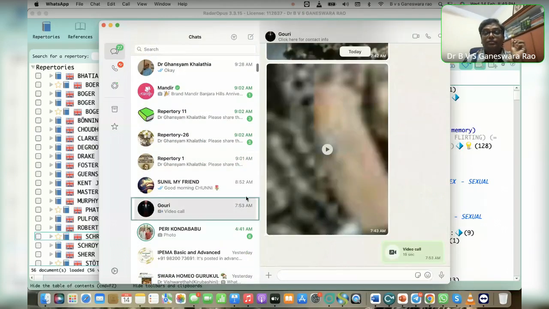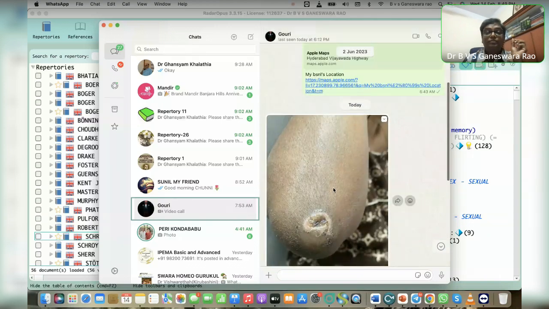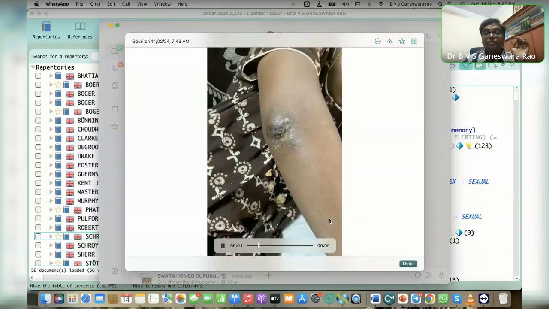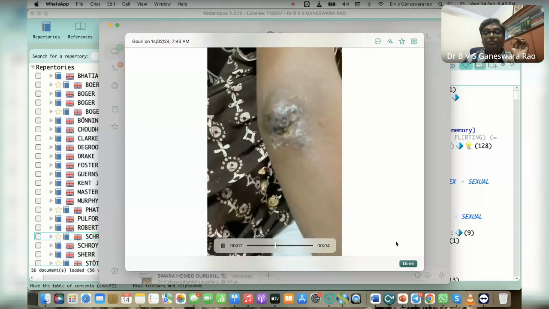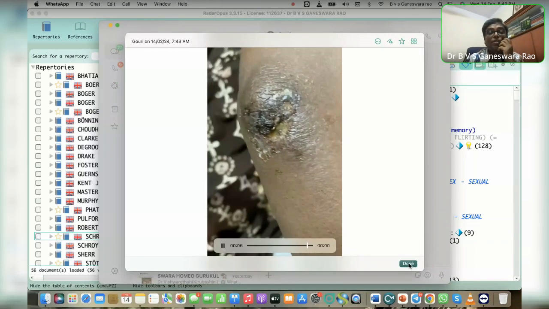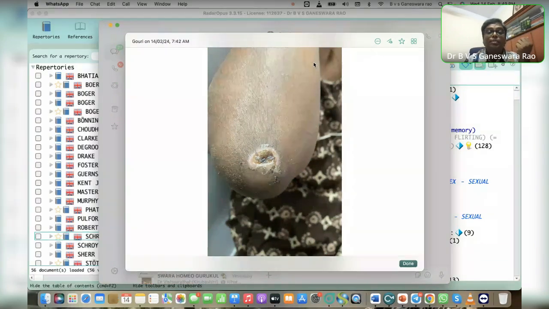Yes, see, this was the suppurated wound. And after 2 days of giving lachesis 201, she could move her hand very easily, completely dissolved. So just to show you, okay.